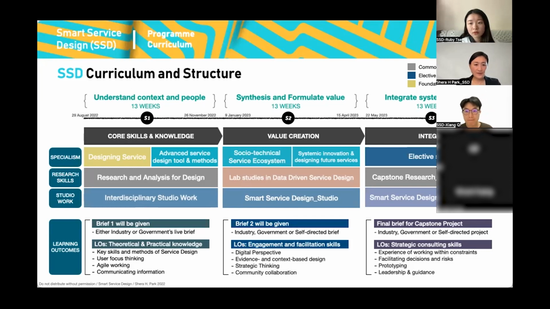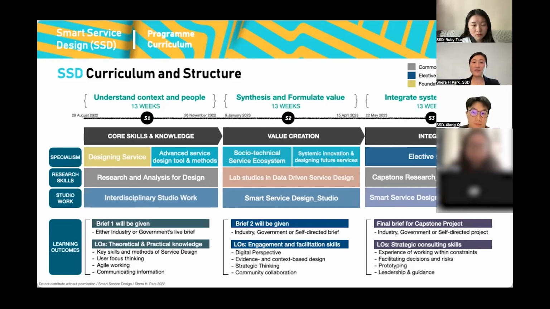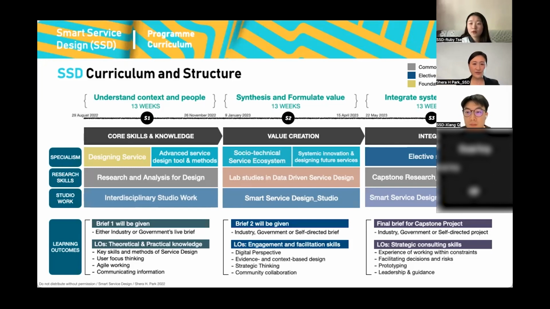In terms of part-time mode, the first year will be the first semester, the second year will be the second semester, and the third year will be the third semester. So it's spread out over 3 years, which is the part-time mode.